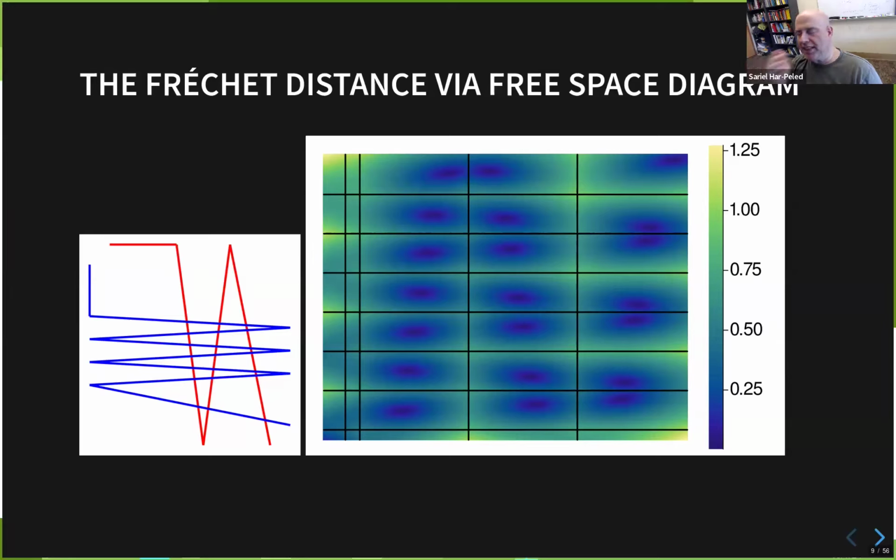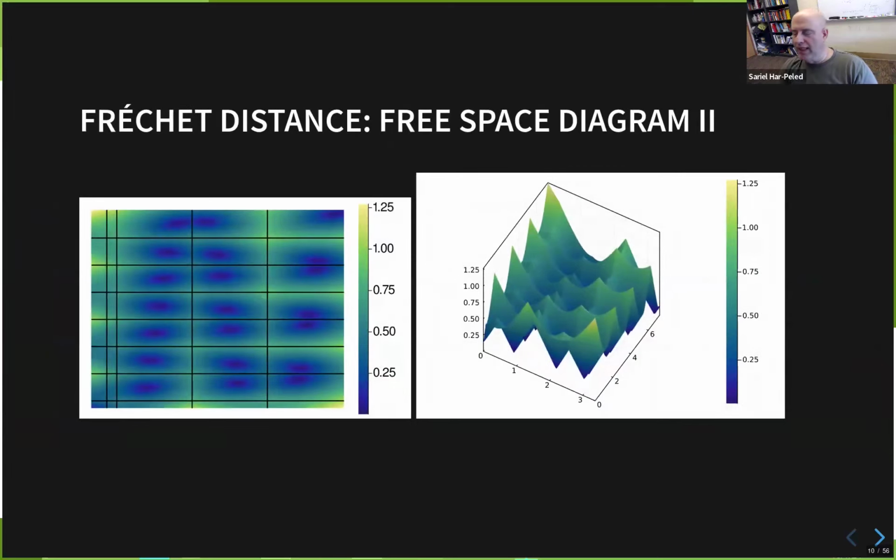The function has this very nice grid-like structure, where every grid cell corresponds to one segment in one curve and a segment in the other curve, and the function inside the grid cell is just the distance for points on the two curves. Here is a different look on the right side. You can see it as a terrain, right? You just look from the side.